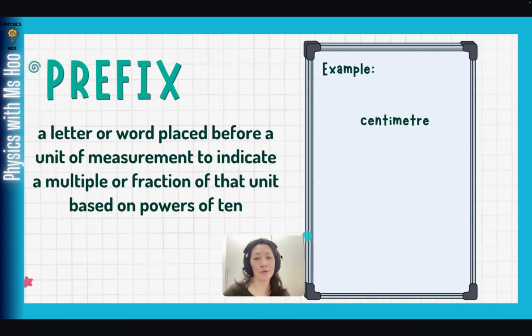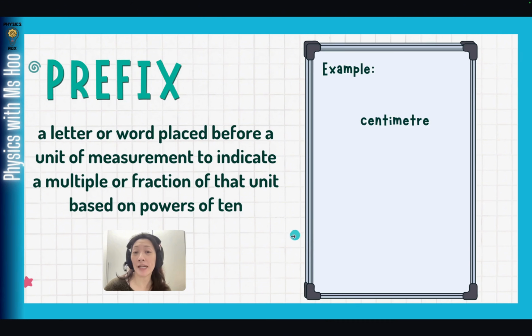So let's go through one example you would definitely have come across before in your life. For example, the unit centimeter. The fundamental unit in this case is meter. What we've done is we've added the term centi to the front of meter, which means that centi is a prefix that we add to the unit of meter.